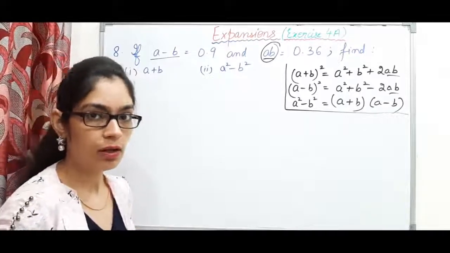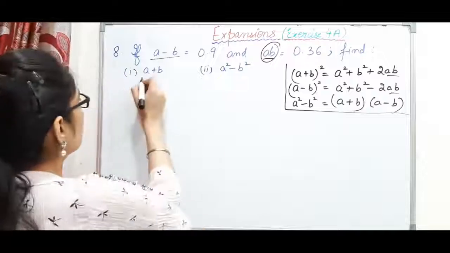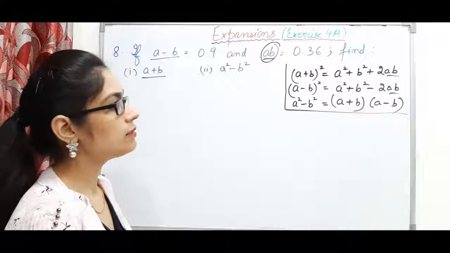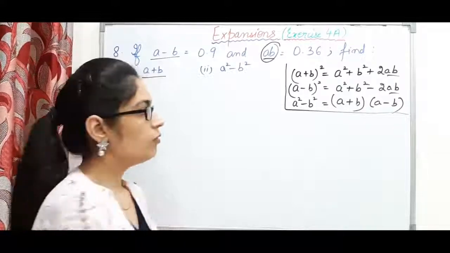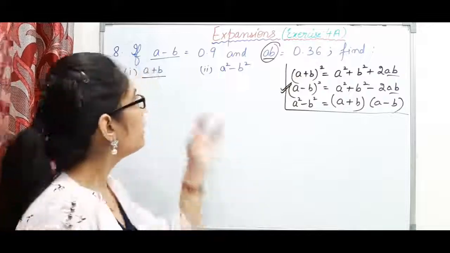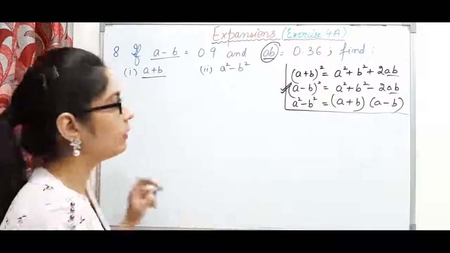You can try along with me and then you can refer to your answer. We have to find a plus b, and a minus b is given. So whatever is given to us, from that identity only we have to start. a minus b is given, so we will start from here, (a minus b) whole square.